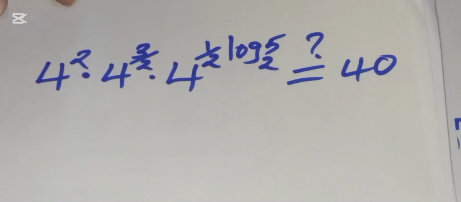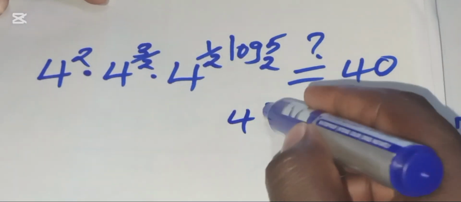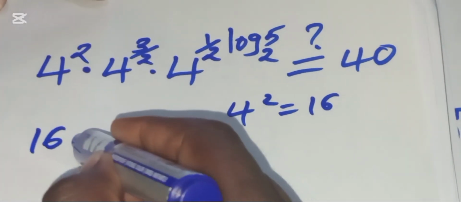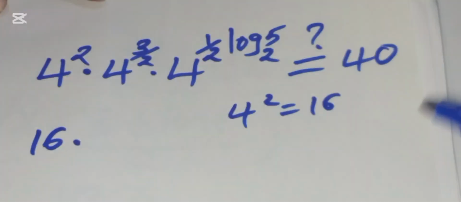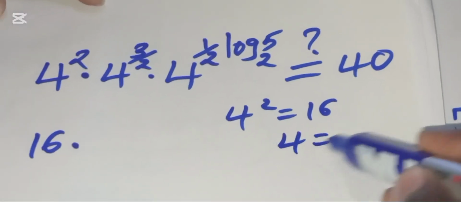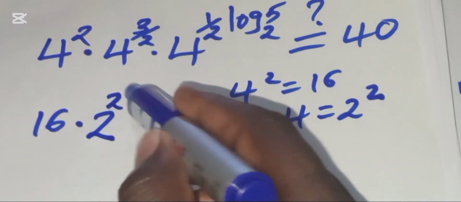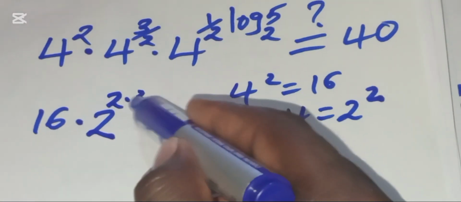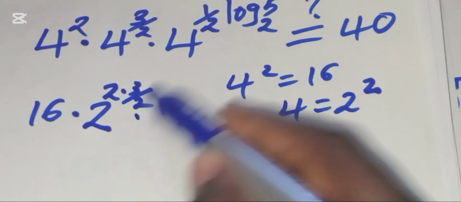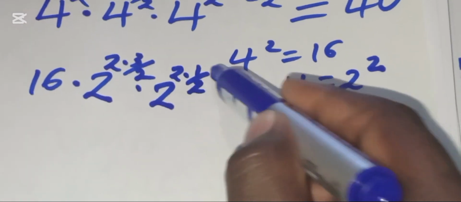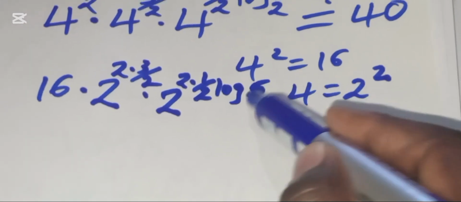4 to power 2 is equal to 16, all right? So this is 16 multiplied by, now 4 to power 3 over 2, 4 can be expressed as 2 to power 2, so we'll have 2 to power 2 multiplied by 3 over 2, multiplied by 2 to power 2 multiplied by a half log 5 to base 2.